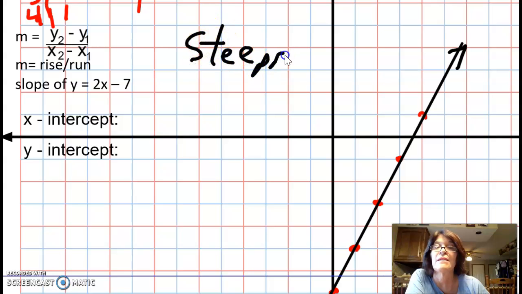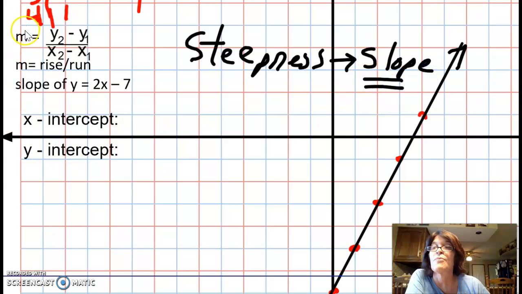Steepness is a way that I describe what I mean by the word slope. When I say slope in math, we designate slope with the letter m. Lowercase m means slope.